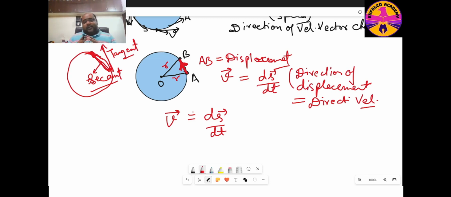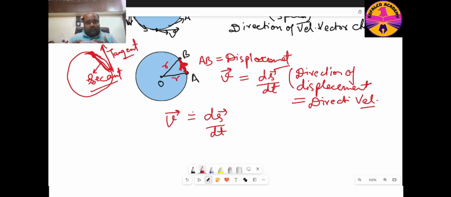So why do we take this approach of ds by dt? Why don't we take simply s by t? Because it might be possible that the velocity vector is changing every time, either because of the change in the magnitude or because of the change in the direction, or a combination of both.